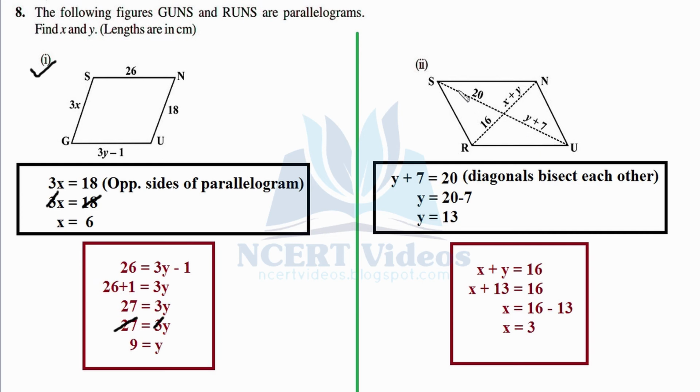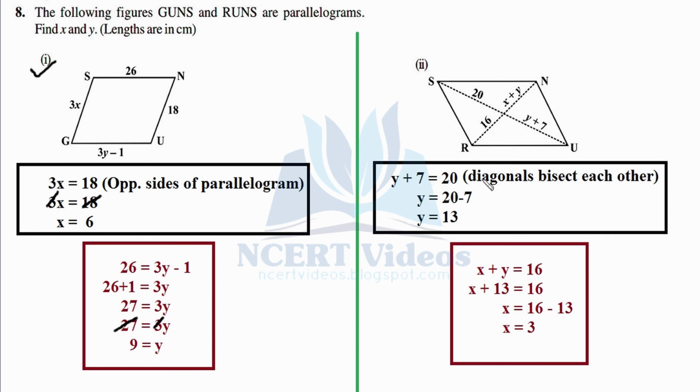That is, the measurement of this particular line segment formed out of this diagonal will be equal to this length. Again, this 16 will be equal to the measure of x plus y. With this idea, let's first try to find the measure of y. So we just discussed that we shall equate y plus 7 equals 20 because these are bisected by this other diagonal.